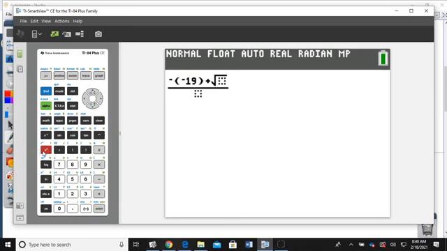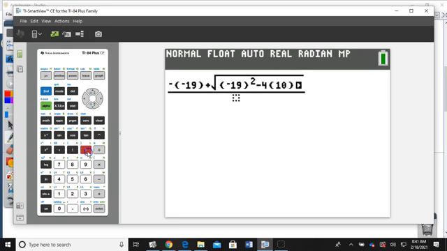The square root of negative 19 squared minus 4 times, what was A? 10? And then times C was 6, correct? So all over 2 times 10. All right. And you hit enter. There's one answer. I think it was positive 6.